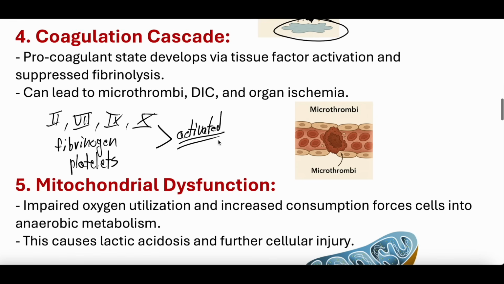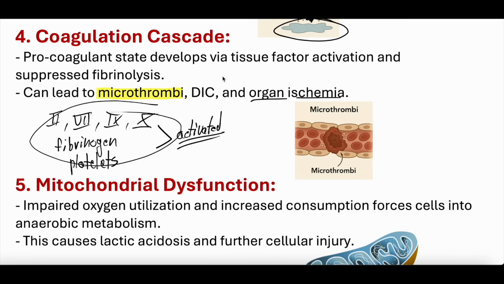Well, the same thing can happen in septic shock, because those cytokines in that immune reaction are damaging the endothelial cells of the blood vessels. So that can activate this coagulation cascade, and it can lead to microthrombi developing, small blood clots in the capillaries themselves. This can lead to some degree of organ ischemia.